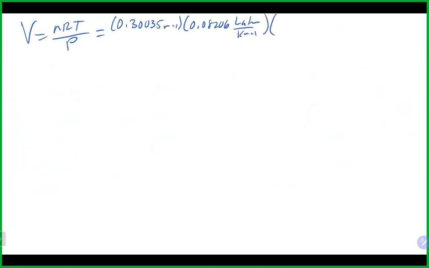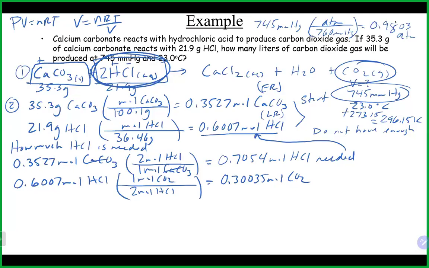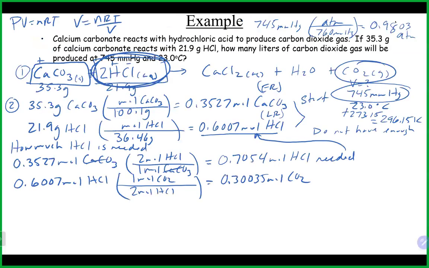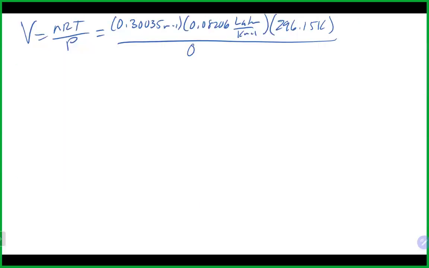Our temperature that we converted to, we're at 296.15, all divided by our pressure, which was 0.9803. Again, atmospheres are going to cancel. Kelvin cancels.